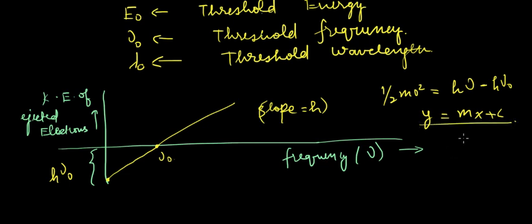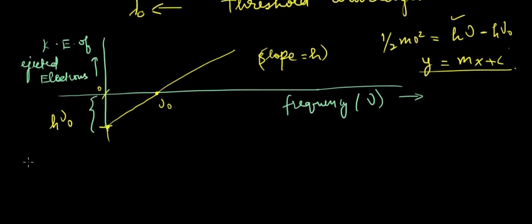We will get to know that m is h and c is minus h nu naught. Hence at x equals 0, kinetic energy would be minus h nu naught. I'm not showing the minus sign here, but I'm just showing the magnitude of the point from the origin on the negative y-axis.